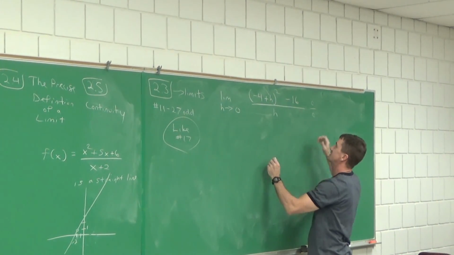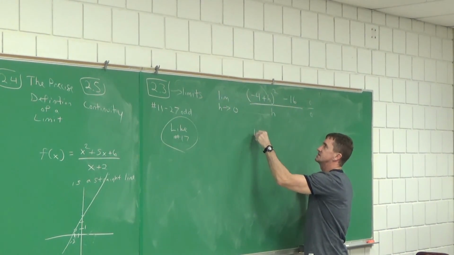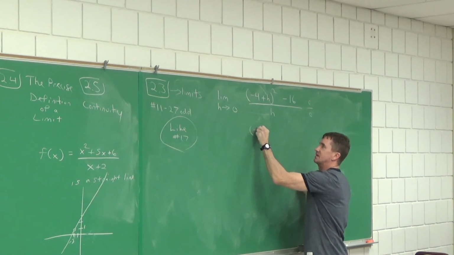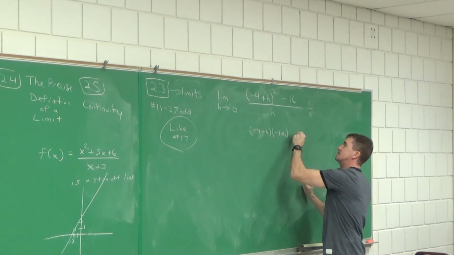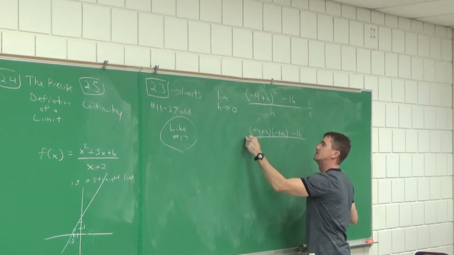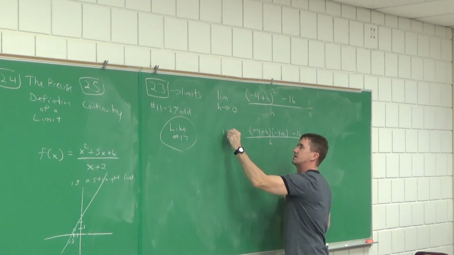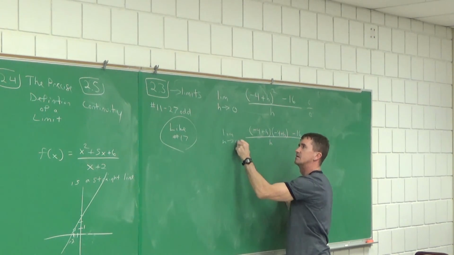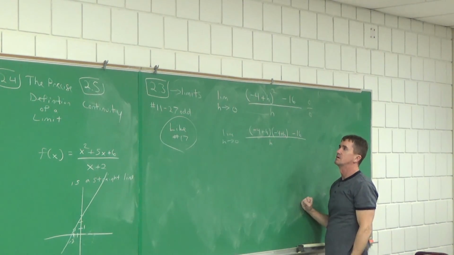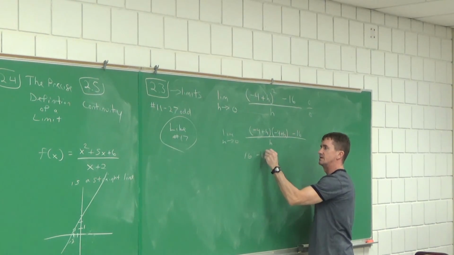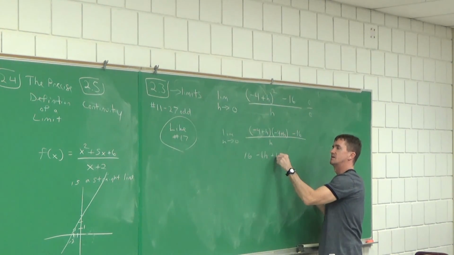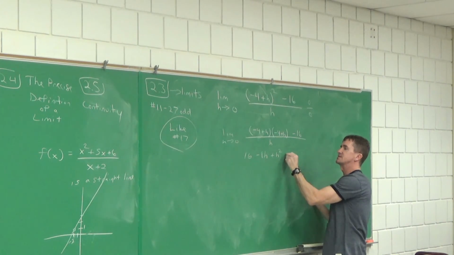So what do you get if you expand it? First I should write it like negative 4 plus h. Negative 4 plus h. 16 minus 8h plus h squared minus 16.